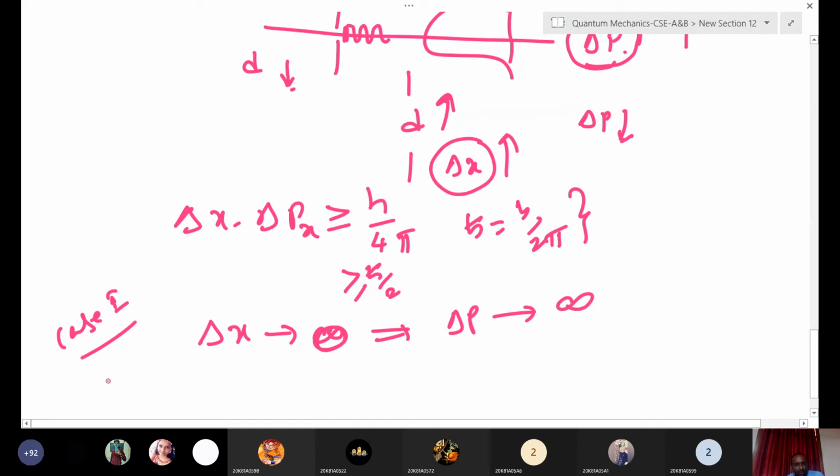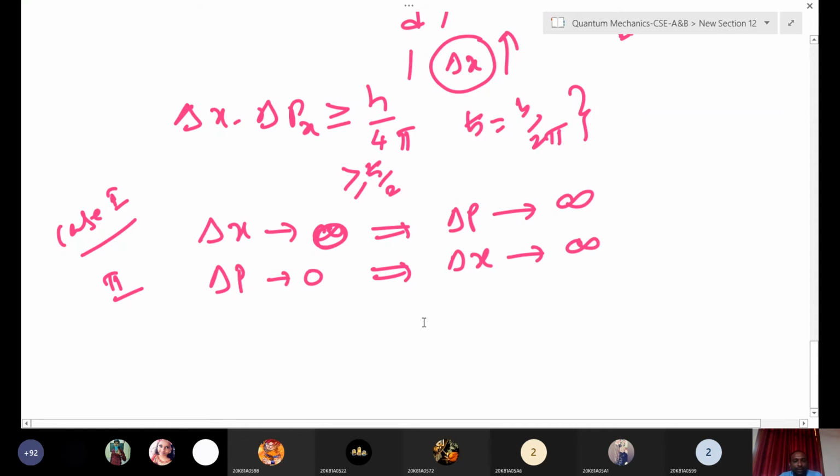And similarly case 2, the uncertainty in momentum is tending to 0, and then the uncertainty in position becomes infinity. That means delta x and delta p must always be some value not equal to 0, then only we can estimate the uncertainty in the other component. This is two special cases.